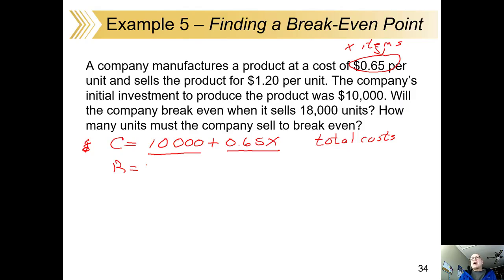Well, each of those items you're going to sell for $1.20. And you're going to sell X of those items, $1.20 each. So how much money is going to be coming into your cash register? $1.20 times however many of those you're selling. And this would be total revenue.